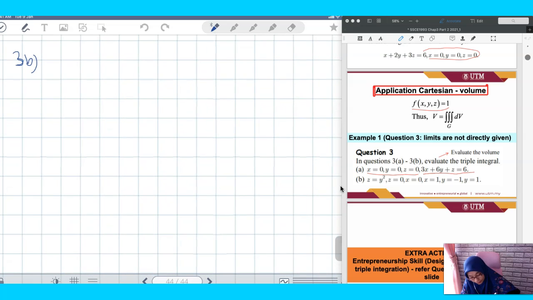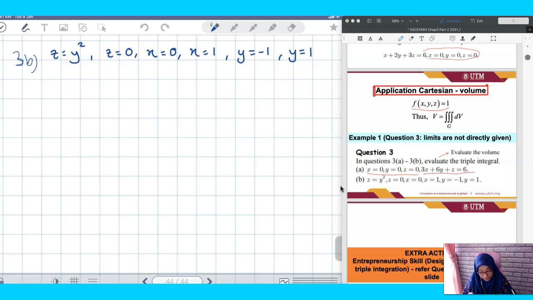Okay, so we have z equal to y square, z equal to 0, and x equal to 0, x equal to 1, y equal to minus 1, y equal to 1. Okay, so as you can see here, all the 1, 2, 3, 4, 5 equations, they are all a plane, a flat plane.